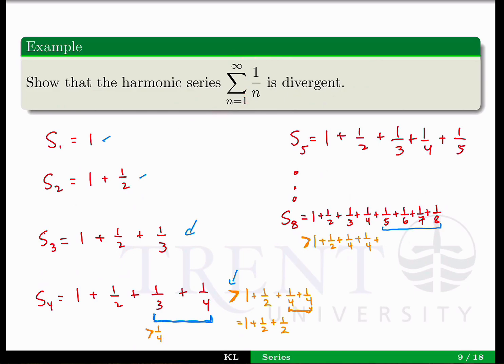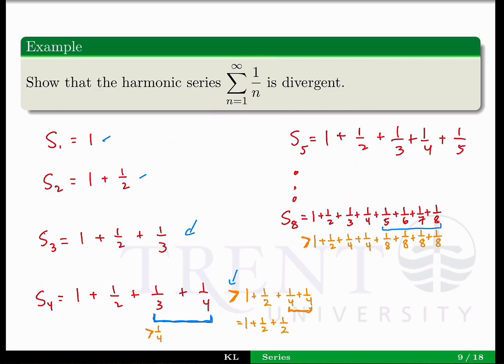So S8 is still greater than this expression, and much greater if we replace 1 over 5, 1 over 6, and 1 over 7 with 1 over 8, and of course we retain 1 over 8.